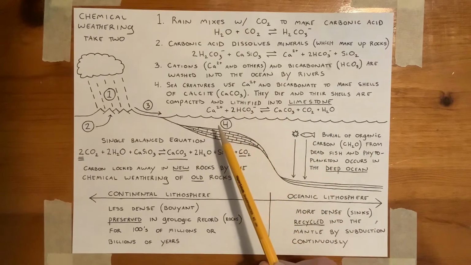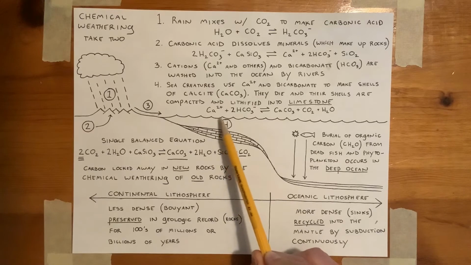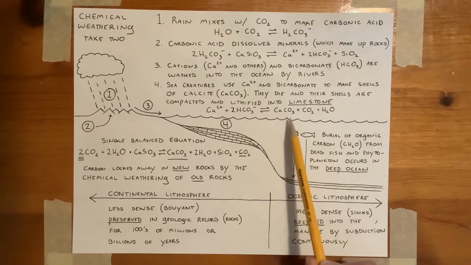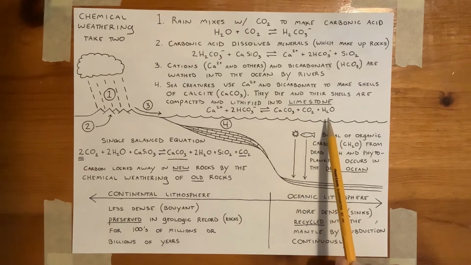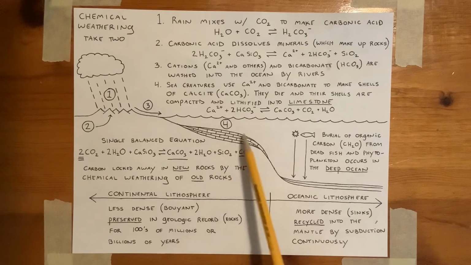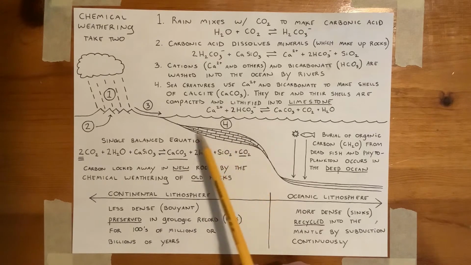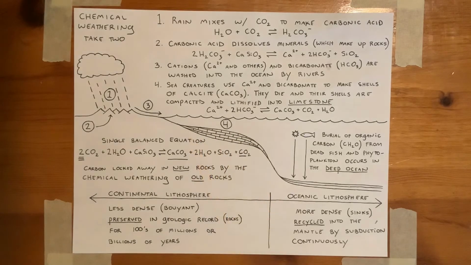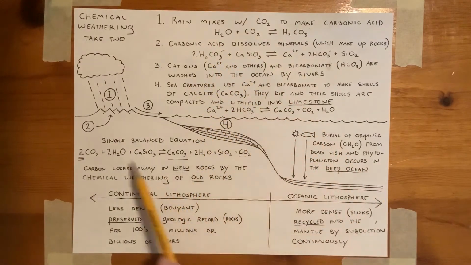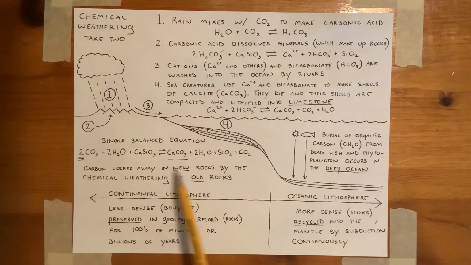That chemical reaction is shown here: calcium plus two bicarbonates makes limestone and releases some CO2 and water. That takes place here in shallow seas where limestone can form. So these four steps are all represented in this single balanced chemical equation.